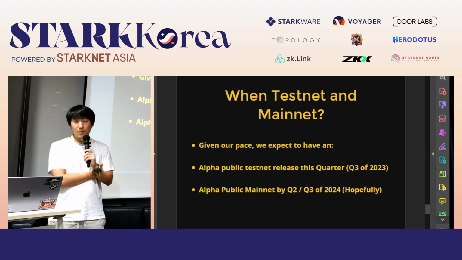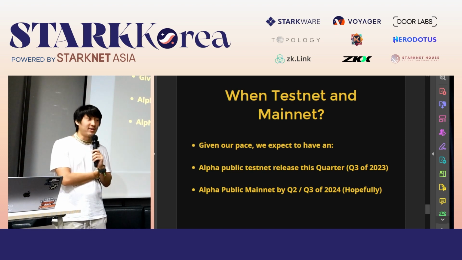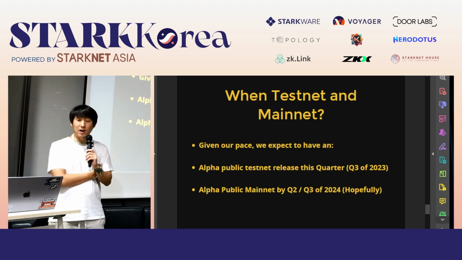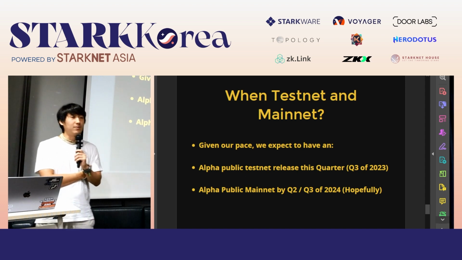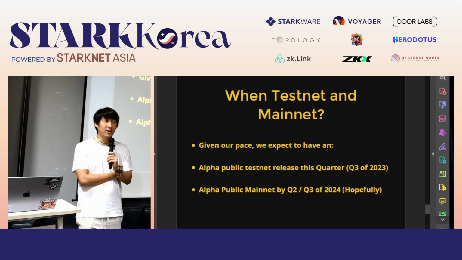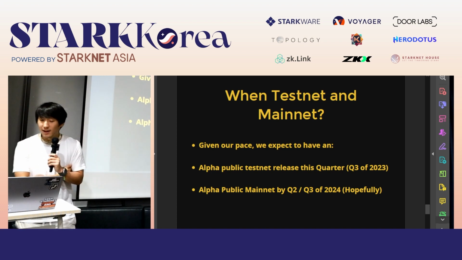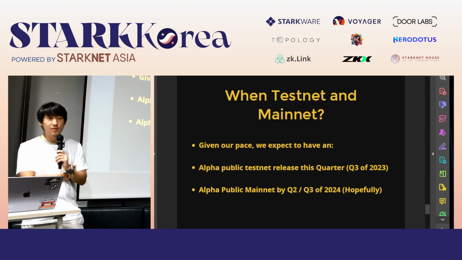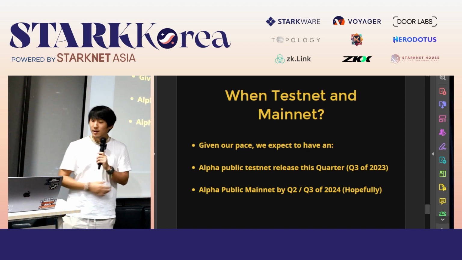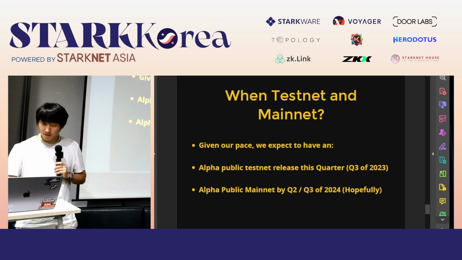So if you have interest in trying out contracts in Kakarot, by the end of this quarter you might be able to already start deploying your own projects. And we might have some programs and some hackathons by then, but that's to be announced.